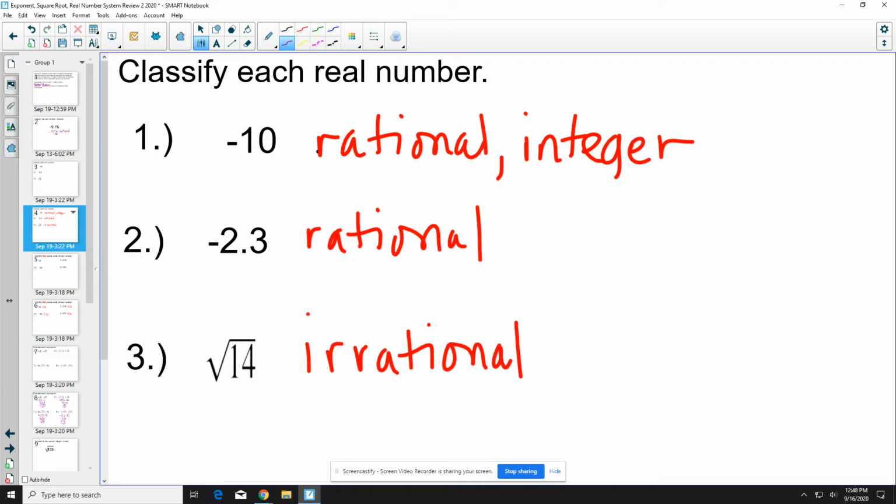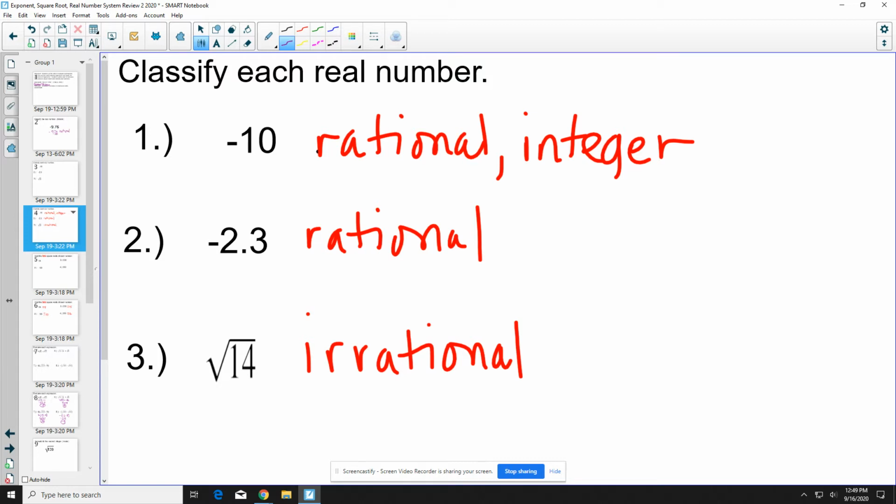All right, let's see how we did. So number 1, negative 10 is rational because you can write it as negative 10 over 1. It's also an integer because integers are positive and negative whole numbers. It is not a whole number because it's negative. And it's not a natural number because it's negative.